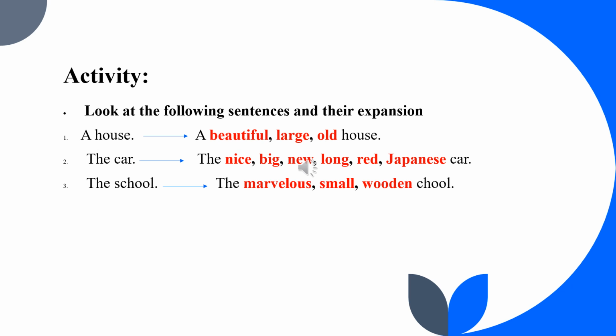Look at the second example. The sentence is about the car. The nice big new long red Japanese car.